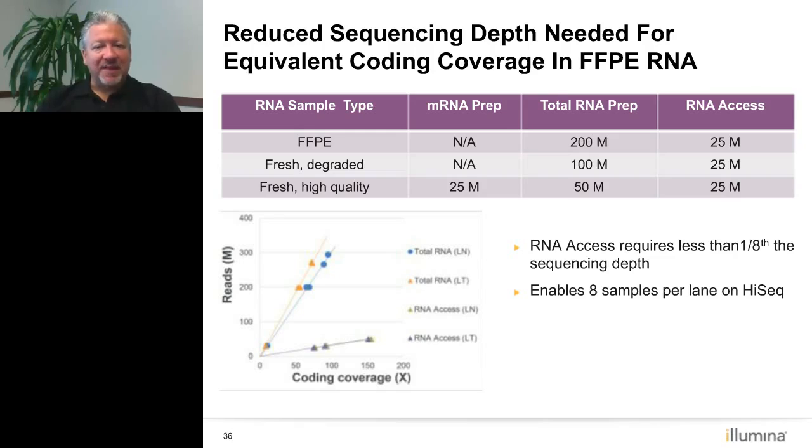Because we essentially are capturing the same subset of RNAs out of the pool, whether it's fresh, high quality, fresh degraded, or even FFPE, 25 million reads looks very, very similar in terms of the coverage of the genome. And so what this means in practical terms is that if you're studying FFPE, instead of running 1 sample per lane of HiSeq, you can now run 8 samples per lane of HiSeq and get, frankly, in a lot of ways, much better looking data.